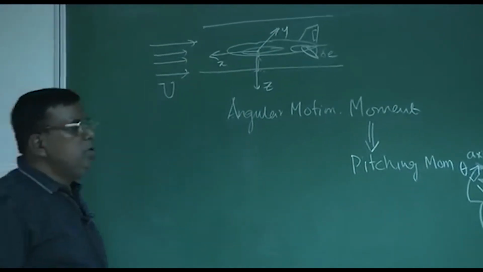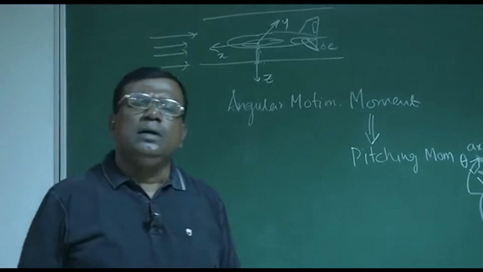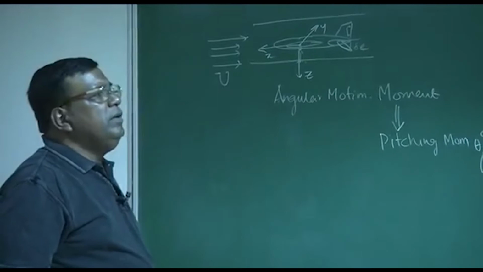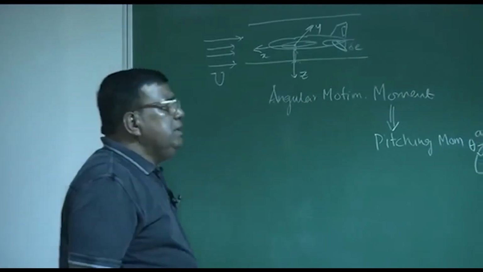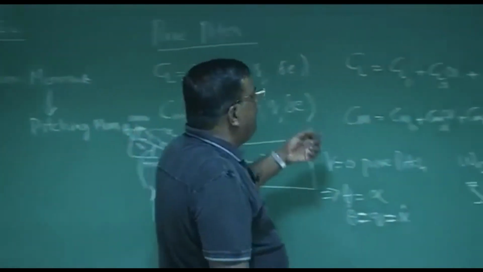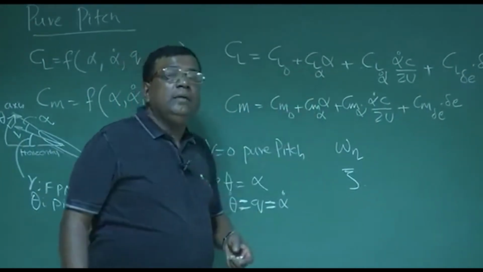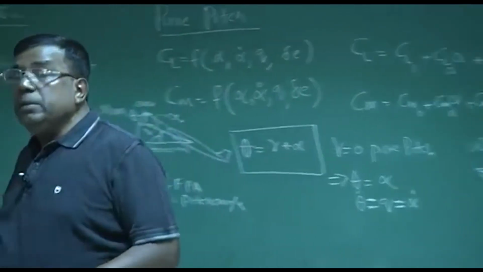We are also putting a condition that we are talking about small disturbance. Why small disturbance? If I give a larger disturbance, it is very difficult to expand CL as a linear combination of all this, because at that time the flow and the aerodynamics become non-linear.